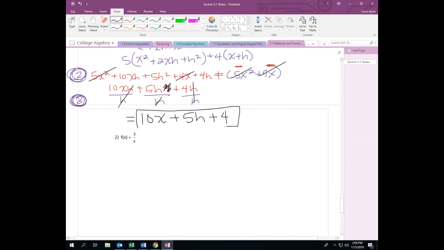And here is your difference quotient. So taking it step by step, not terrible. It's just a little bit tedious because you have to FOIL and distribute and combine and cancel, and so it just is a little bit much, but nothing too crazy or difficult.